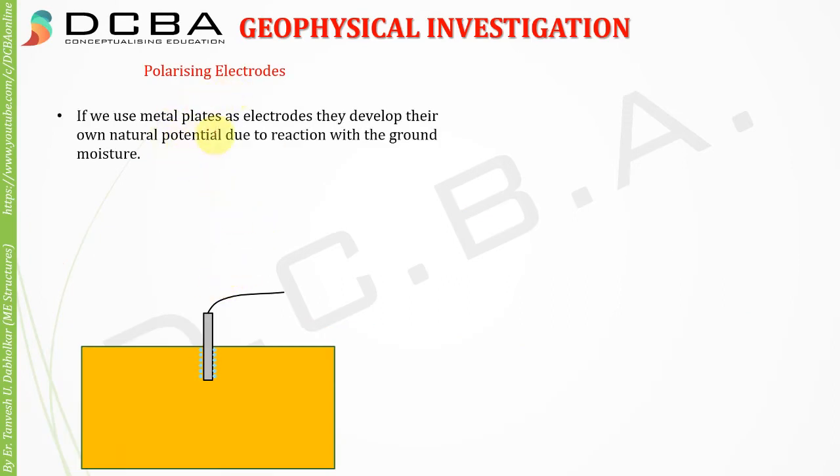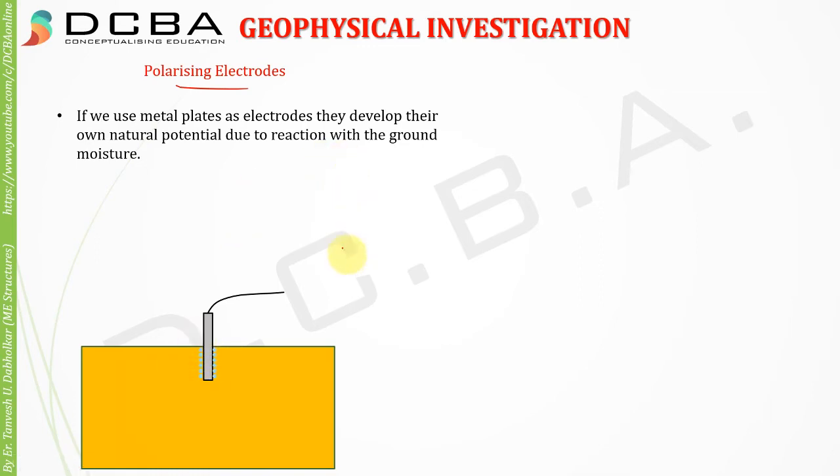If we use metal plates as electrodes, they develop their own natural potential due to reaction with the ground moisture. So for understanding what non-polarizing electrodes are, we will first understand what polarizing electrodes are. If we use metal plates here, then they will react with the ground moisture and form their own natural potential.